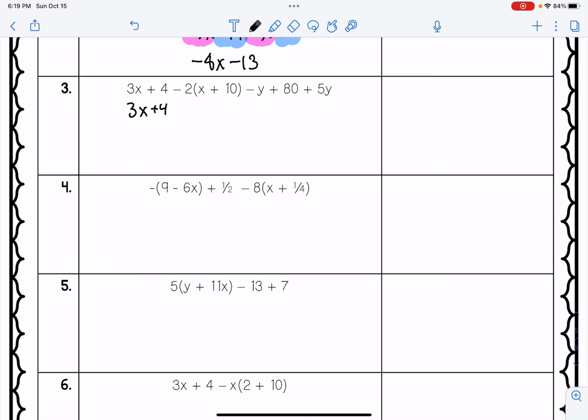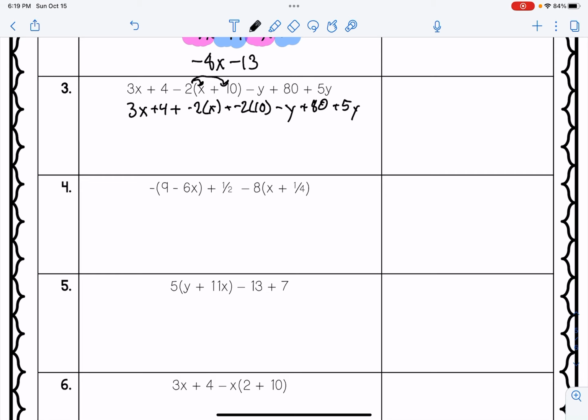All right, so we've got a negative 2 times an x right there, and a negative 2 times a 10, minus y plus 80 plus 5y.